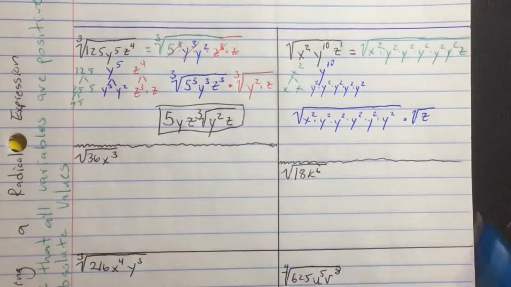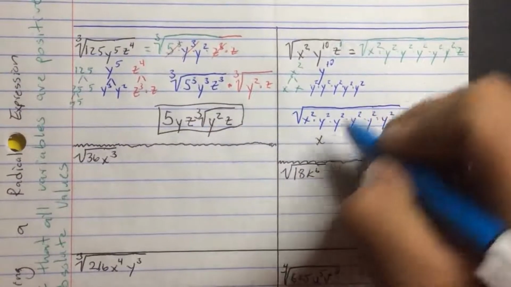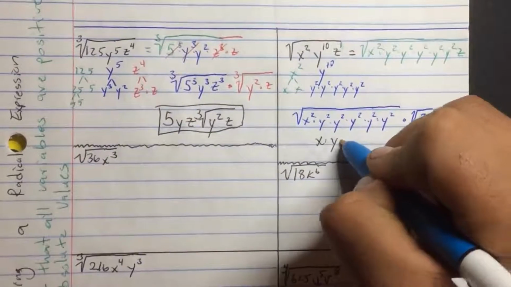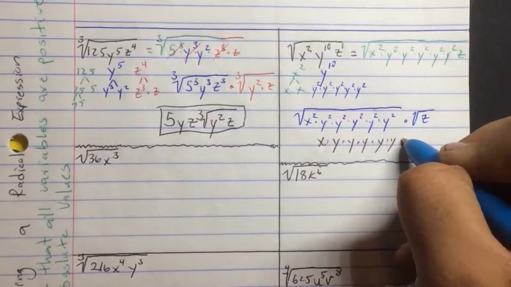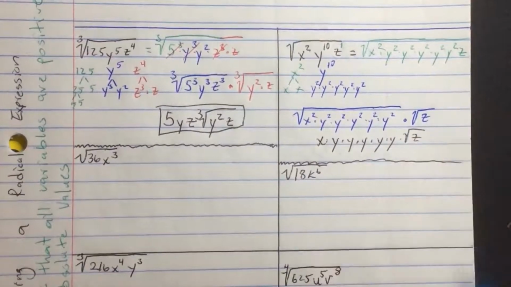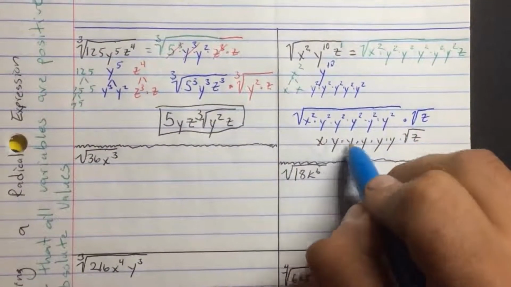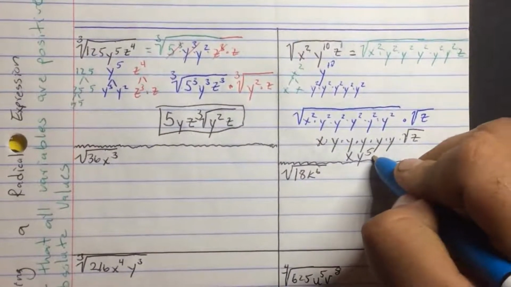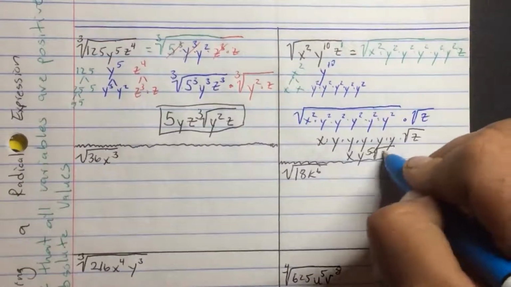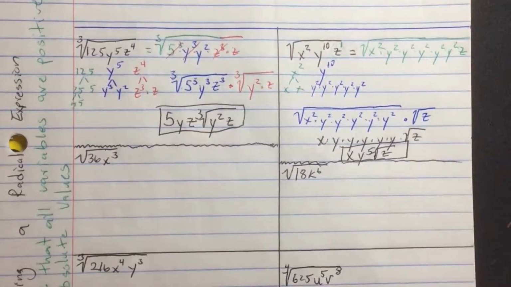So our simplified form is going to be x times y times y times y times y times y times square root z. And once we do this, it's going to be x times y to the 5th power times square root z. And this would be our final answer for that one.